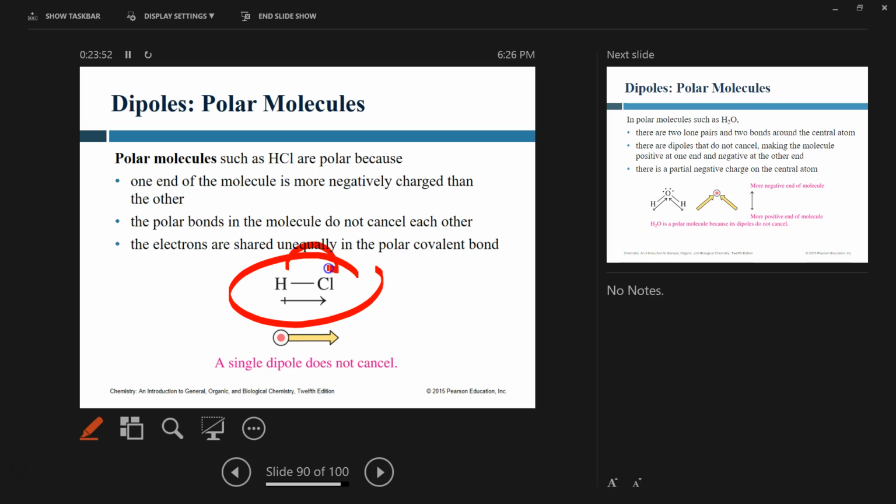So chlorine will pull electron density towards itself, and there will be a slightly negative charge formed on chlorine and a slightly positive charge formed on hydrogen. So we've got a typical dipole.